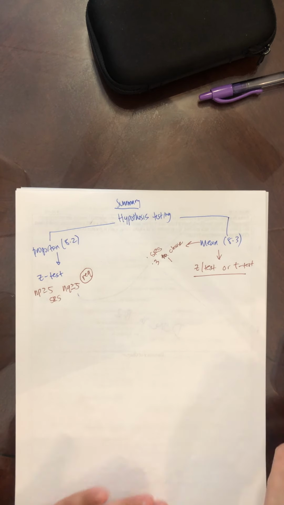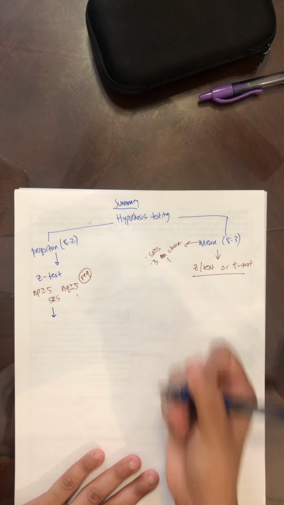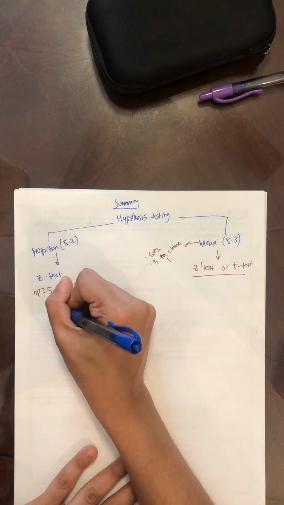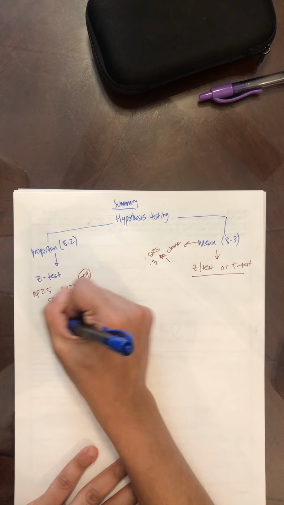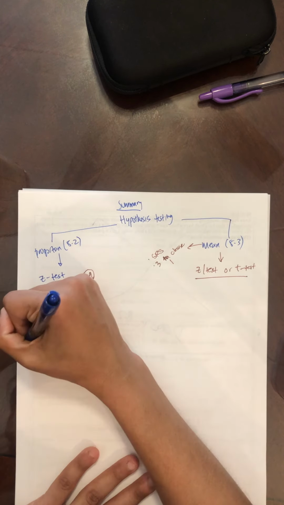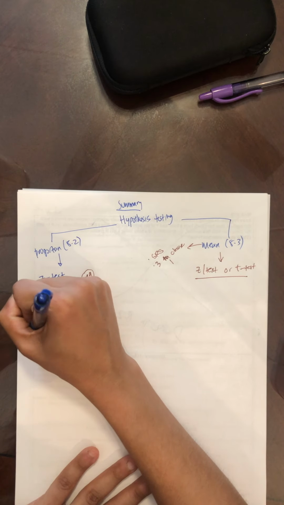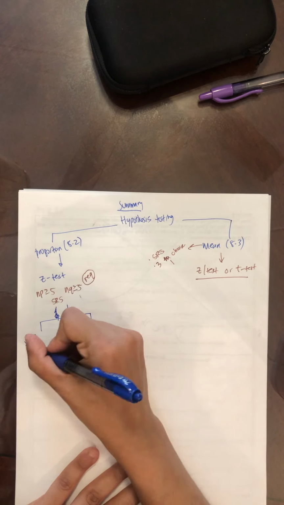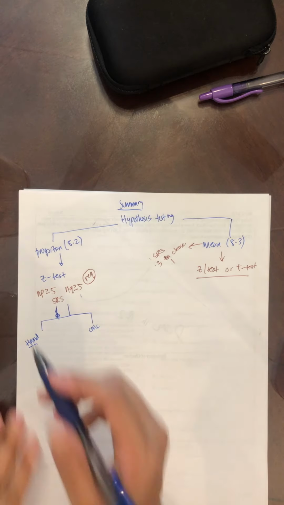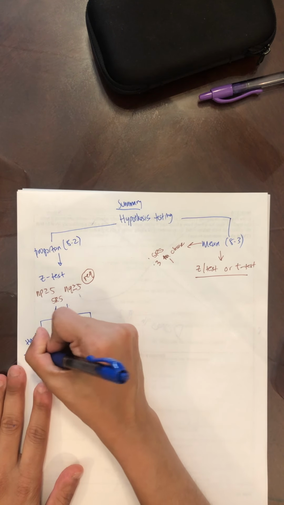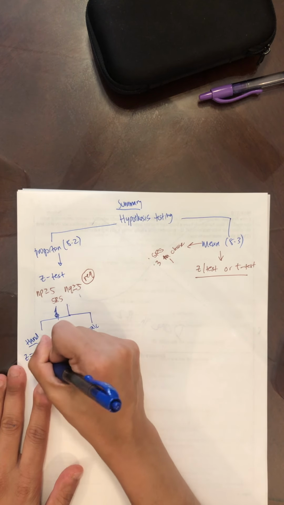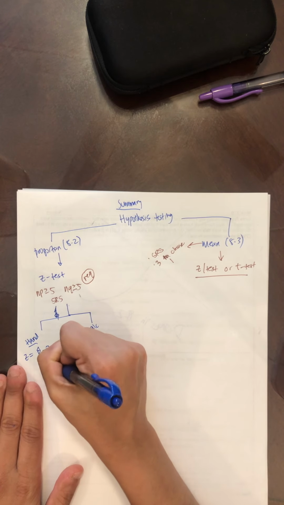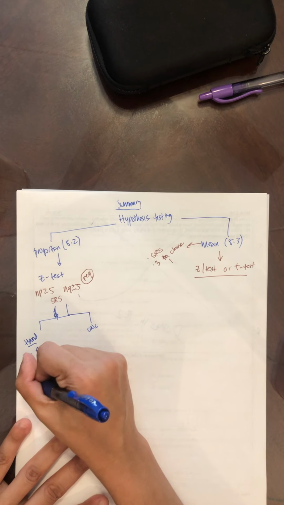Now, for a z-score, what's our formula? I'm changing my notes again. We're going to do this by hand and by calc. If we're doing this by hand, we're going to use z equals p hat minus p over the square root of pq over n, and then use normal CDF.